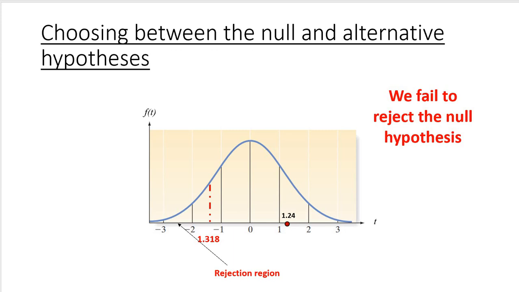It might be possible that if we are less restrictive and more tolerant to type 1 error, so we assume a bigger value of alpha, we would actually manage to reject the null hypothesis. So please keep in mind that to a great extent, conclusions from your test depend on the assumed value of alpha.